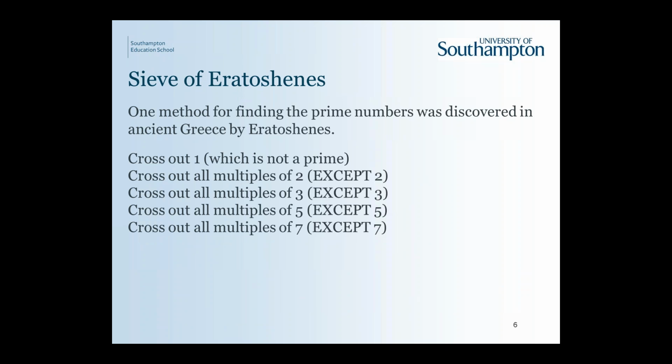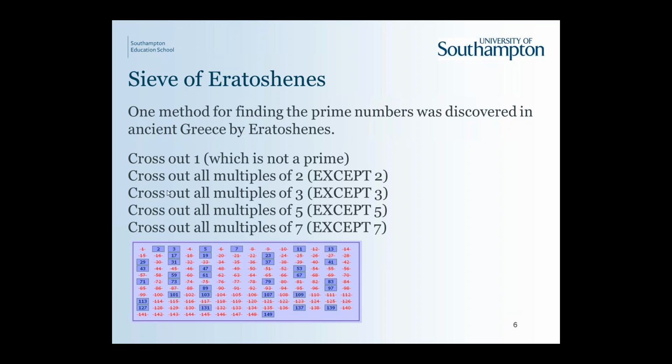But he was a Greek who came up with, basically just wrote all the numbers out in a grid and went through them crossing out 1, all the multiples of 2, all the multiples of 3, all the multiples of 5, all the multiples of 7. So obviously he knew the basic primes. And so he crossed out the 1, crossed out all the multiples of 2 except 2 itself, crossed out all the multiples of 3 except 3.